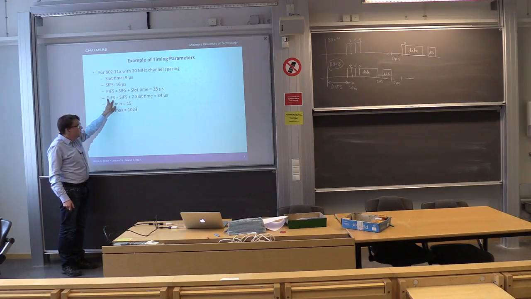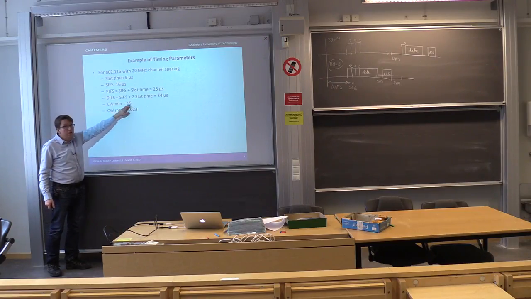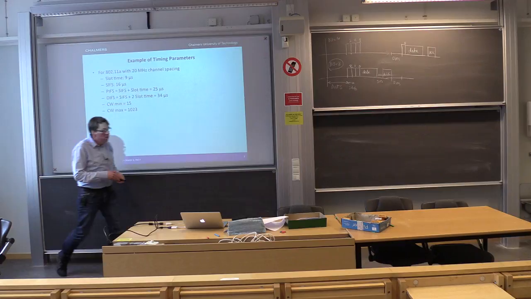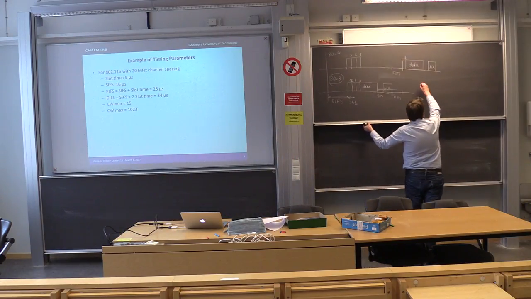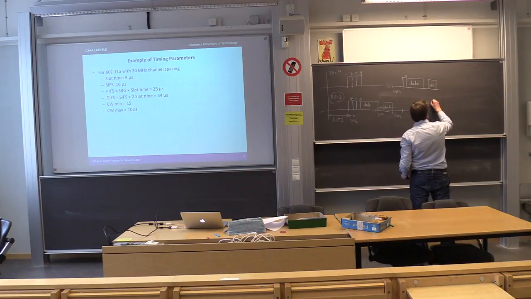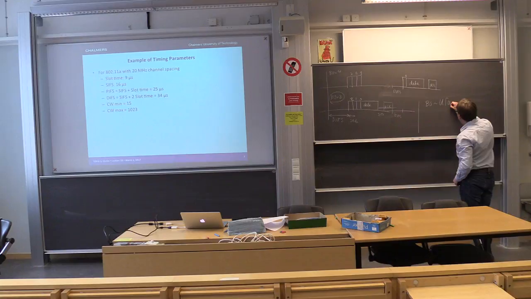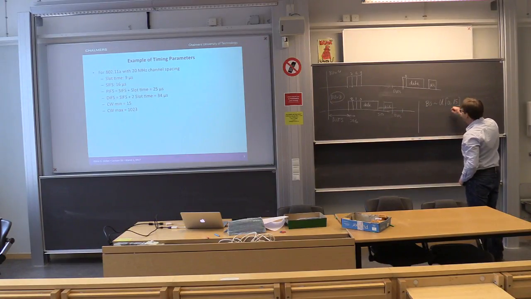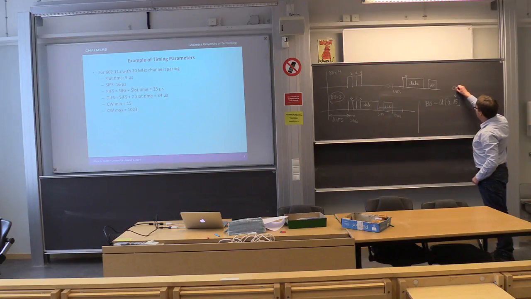DCF interframe spacing. The minimum size of the contention window is 15, okay, which means that the initial choice of backoff counter is selected uniformly in an interval from 0 to 15. Okay. The initial one. So this is the minimum size of the contention window.